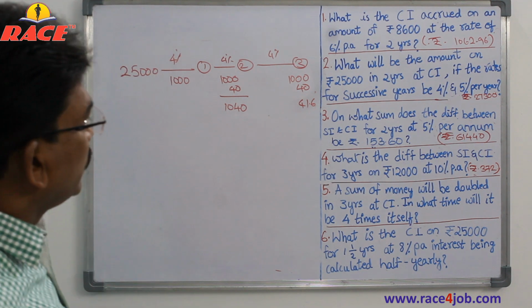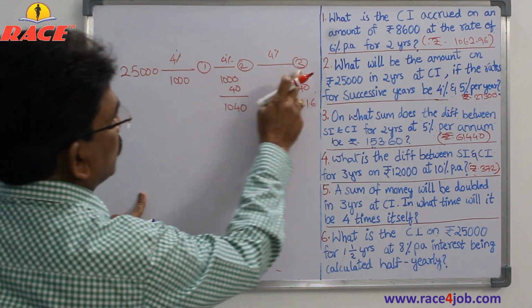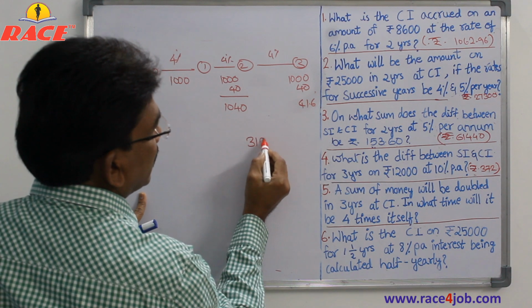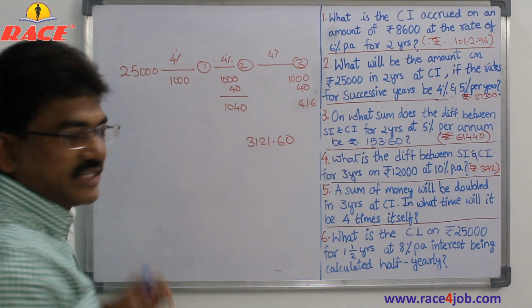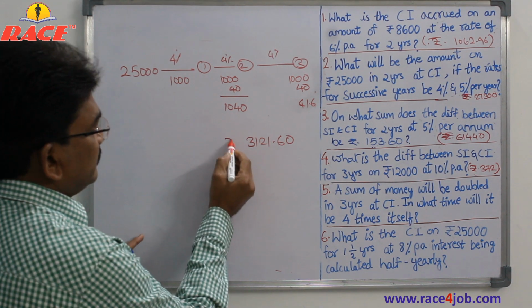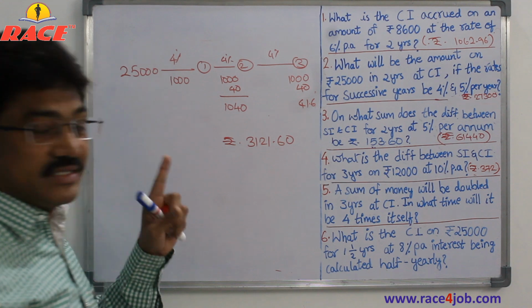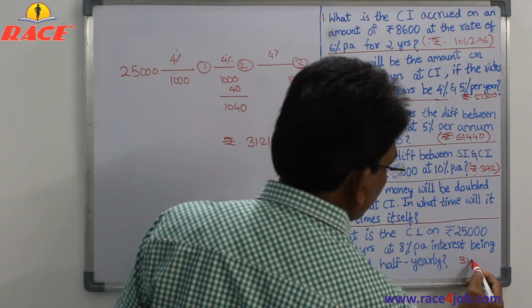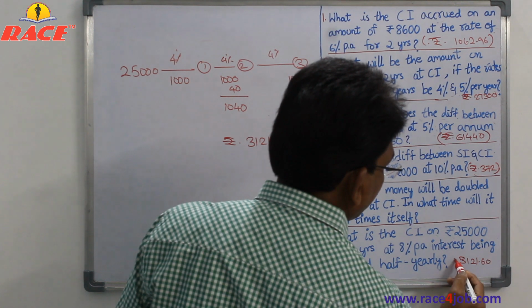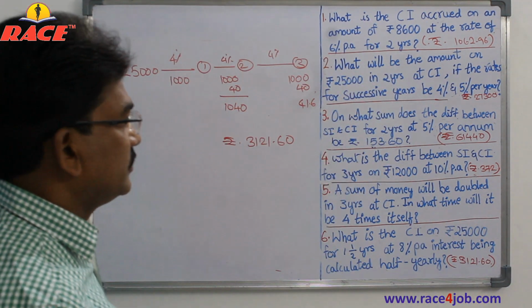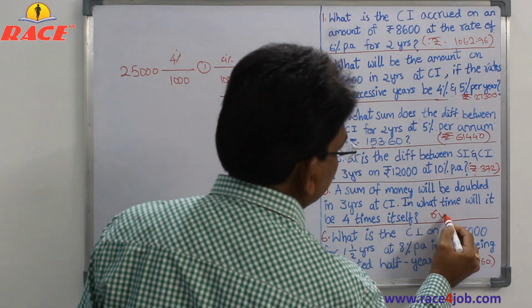Right? Now what is the total interest? 3,000, 3,080, 3,121.60. 3,121.60 is the interest. So this is the interest if we calculate half yearly, 3,121.60. Like this.